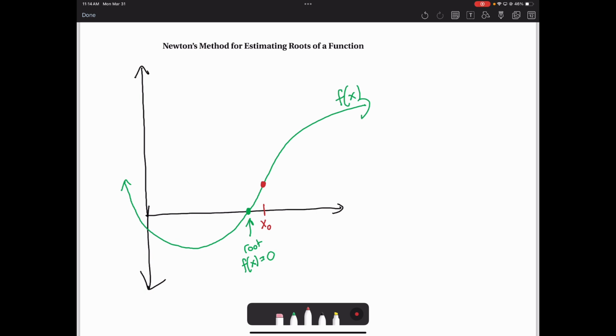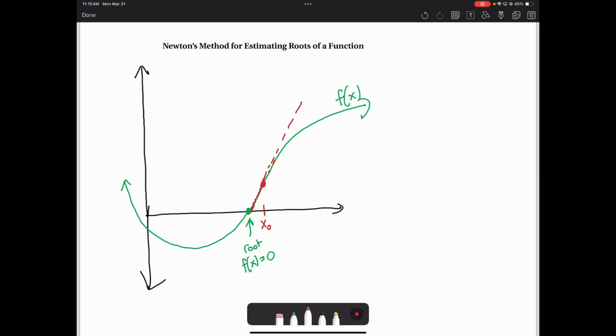I can find a linear approximation for the function at this point, which is effectively just creating a tangent line at this point. That's not the best tangent line in the world. Where it crosses the x-axis.